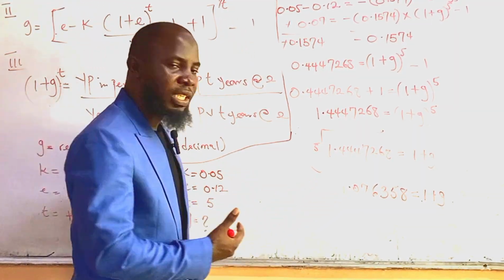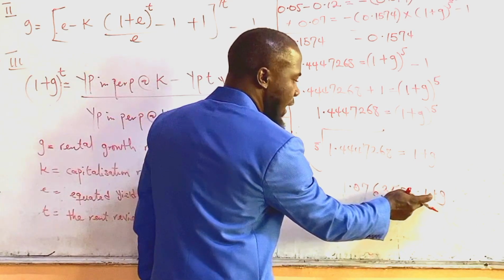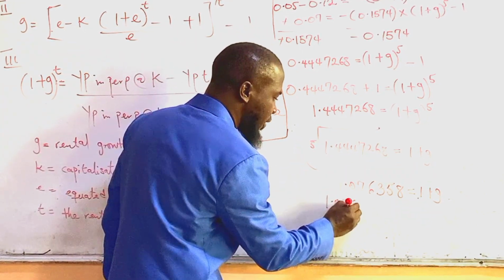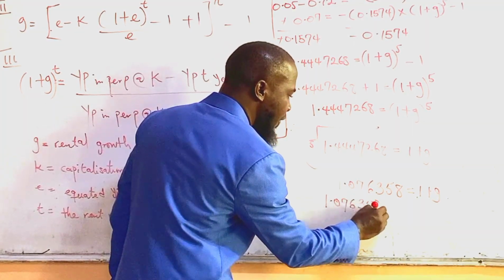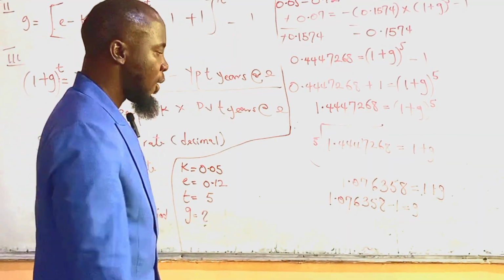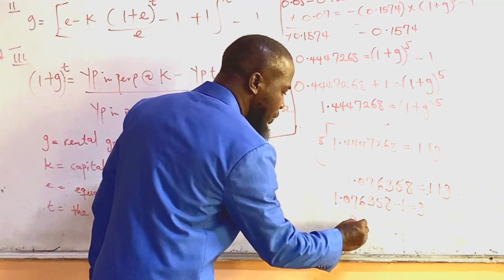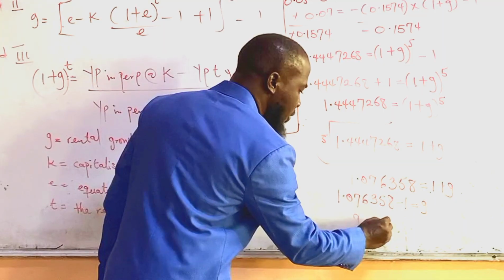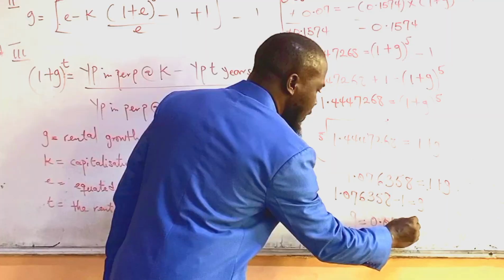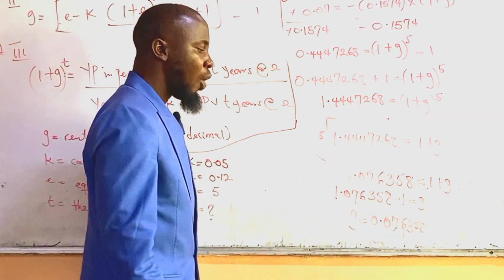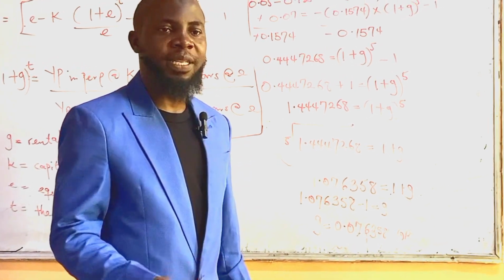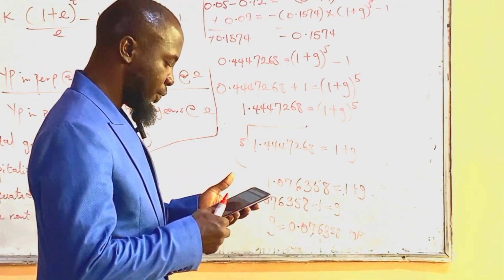Then from here now you proceed as well. Take away this one, bring this one to this side and collect like terms. 1.076358 minus 1 equal to g. Your g now will be 0.07358, or you multiply it by 100 to convert it to percentage. So multiply this by 100.